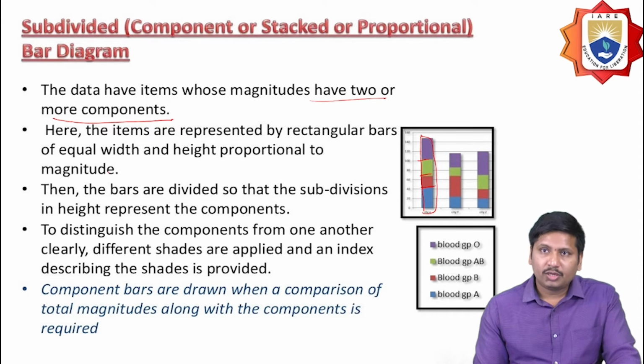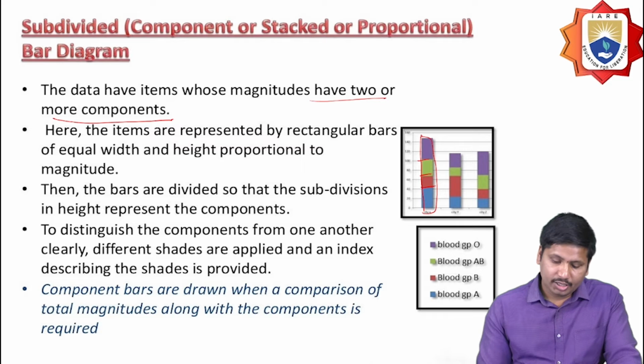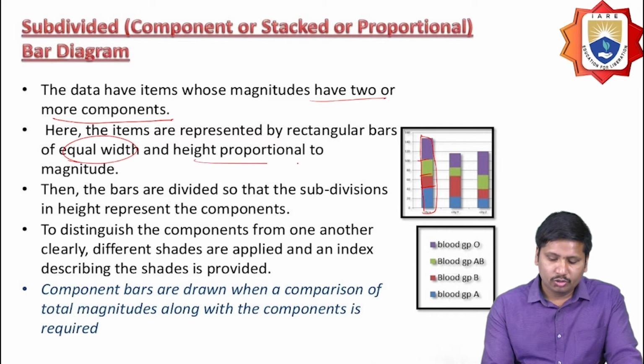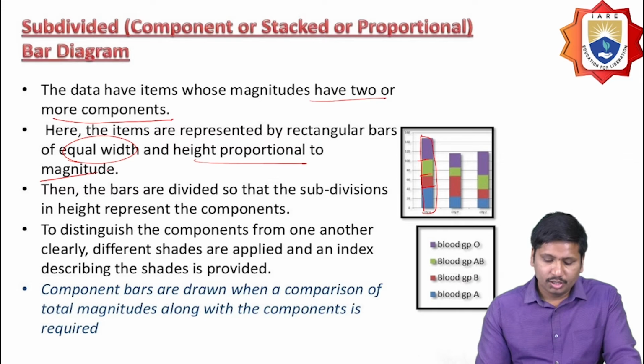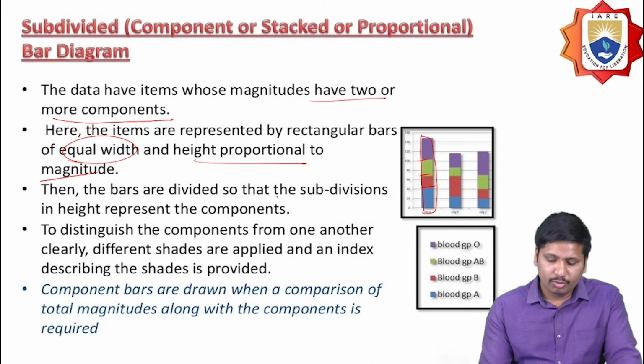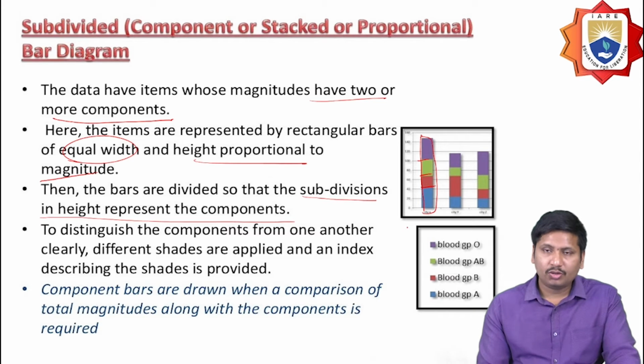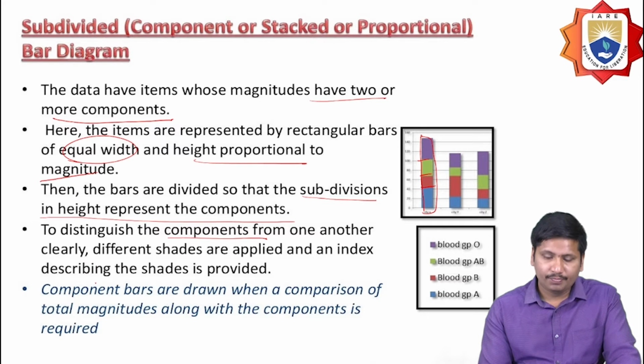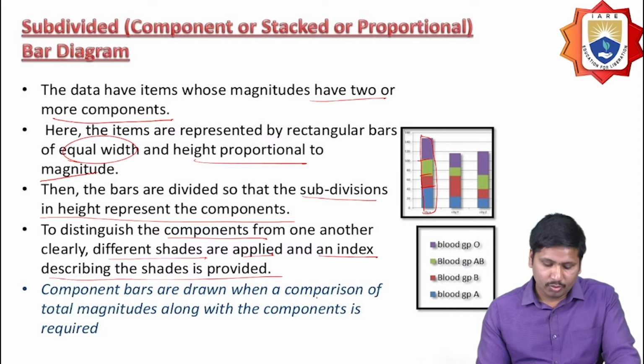Here also the items are represented by rectangular bars of equal width, and the height is proportional to the magnitude. The bars are divided so that the subdivisions in height represent the components. To distinguish the components clearly, different shades are applied, and an index describing the shades is also provided.